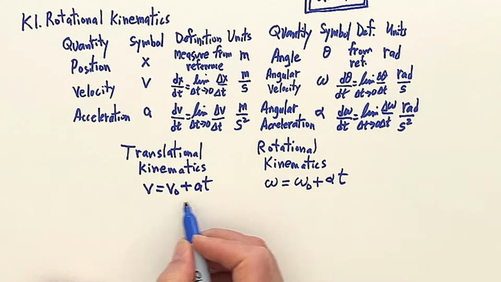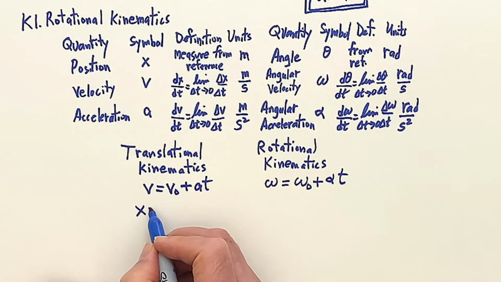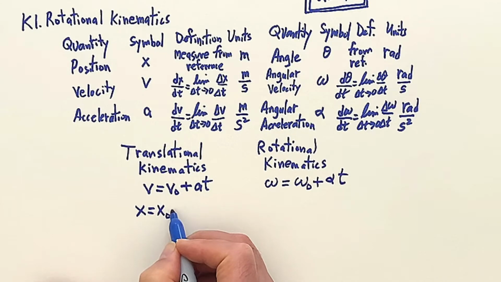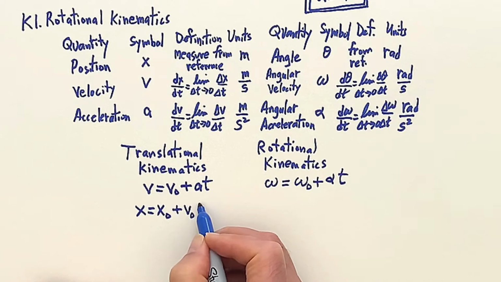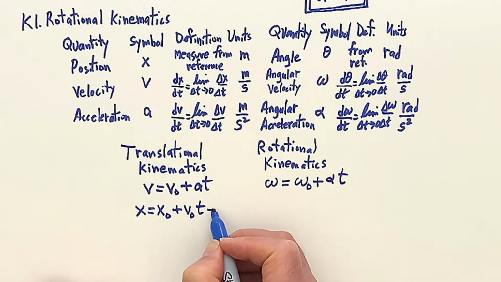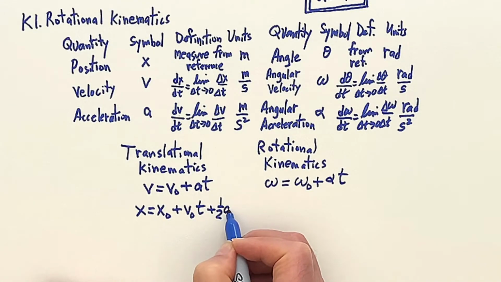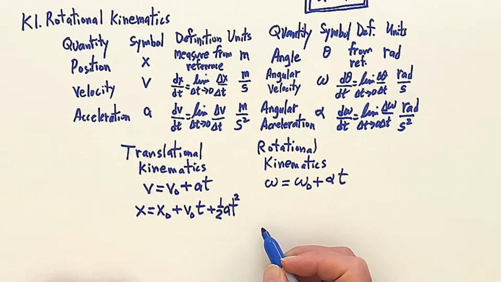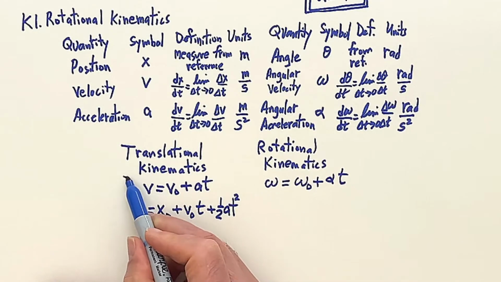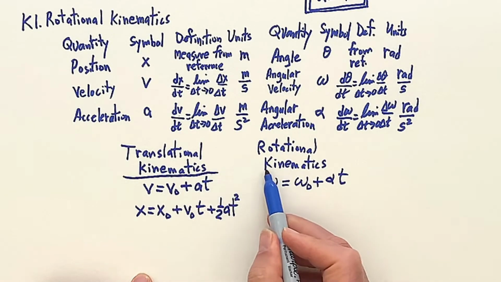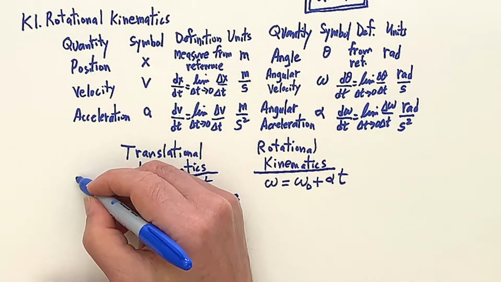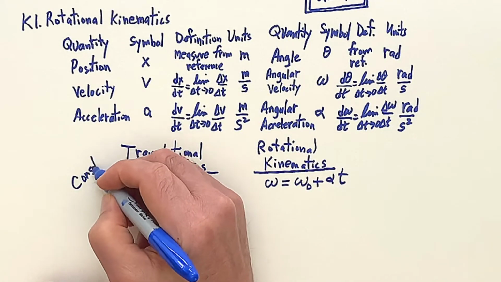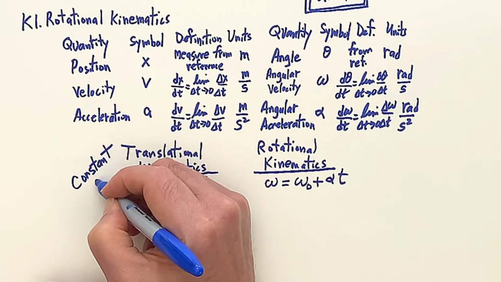Isn't that neat? Then another equation we had was X is X naught plus V naught T plus 1/2 AT squared. So these are the kinematic equations that we looked at where we have constant acceleration.